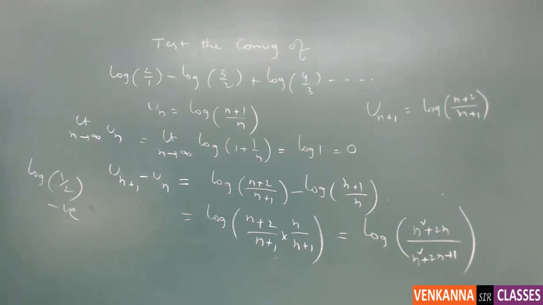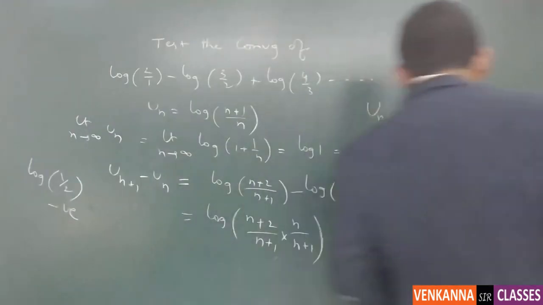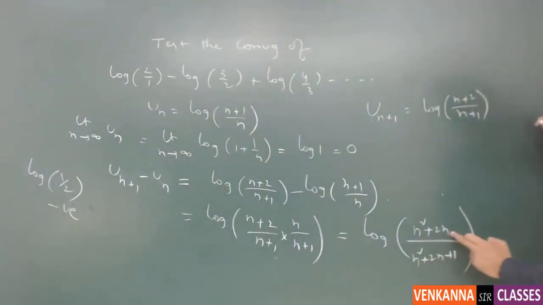Log 1 is 0. If you take log 2, it will be positive. So if you take a value between 0 and 1, it will be negative. You know that part or not? Right. So here, this is n square plus 2n.